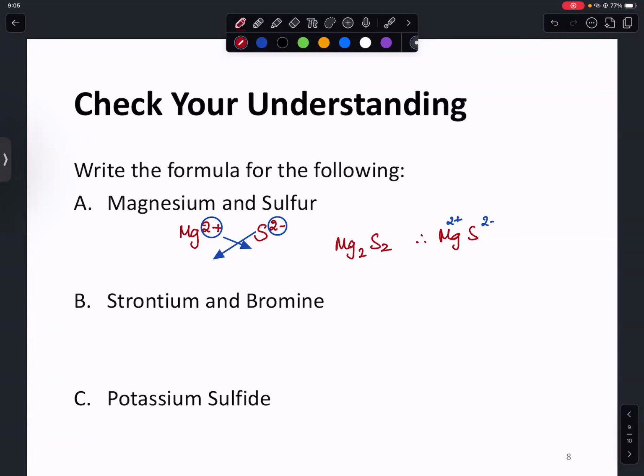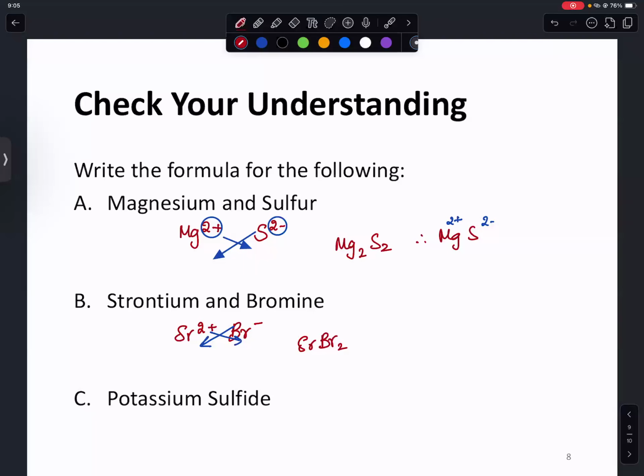Now, same thing for strontium and bromine. Strontium, group 2, so Sr 2 plus, loses electrons. Bromine, a halogen, nonmetal, gains 1 electron. Let's do the crisscross method, and then we have here SrBr2.